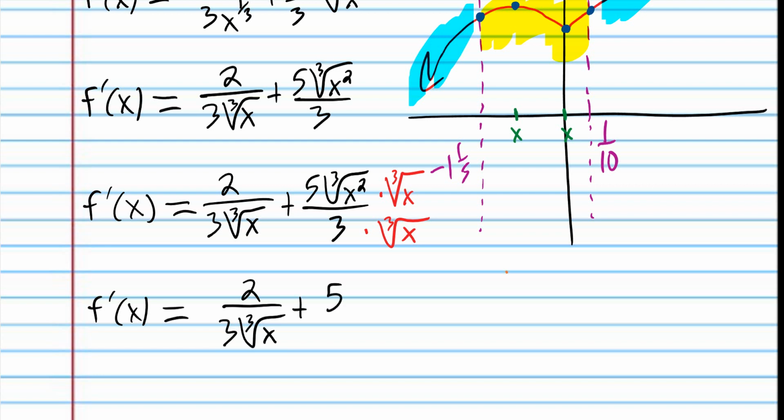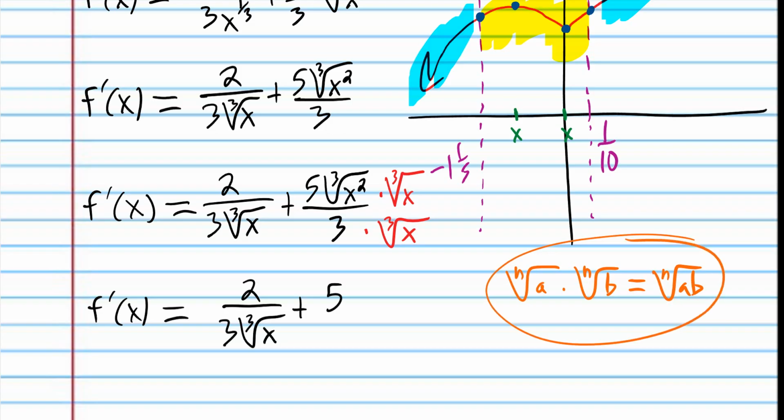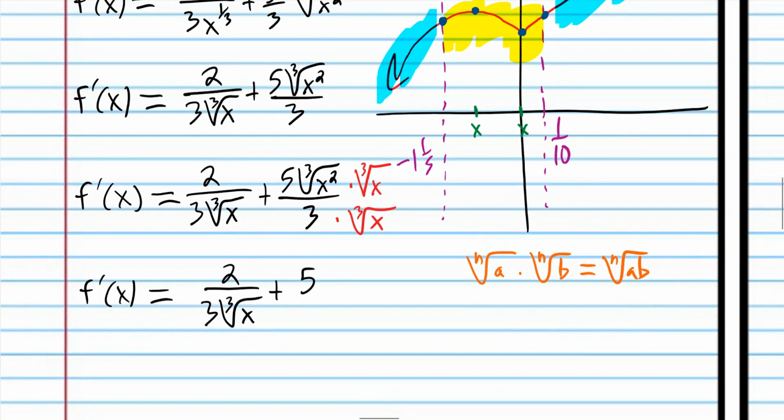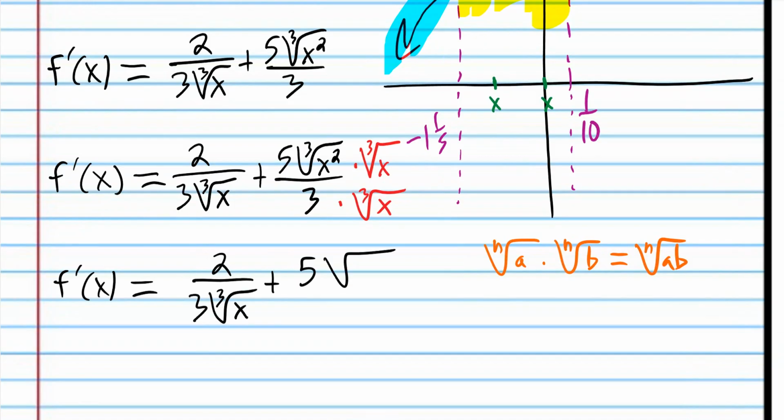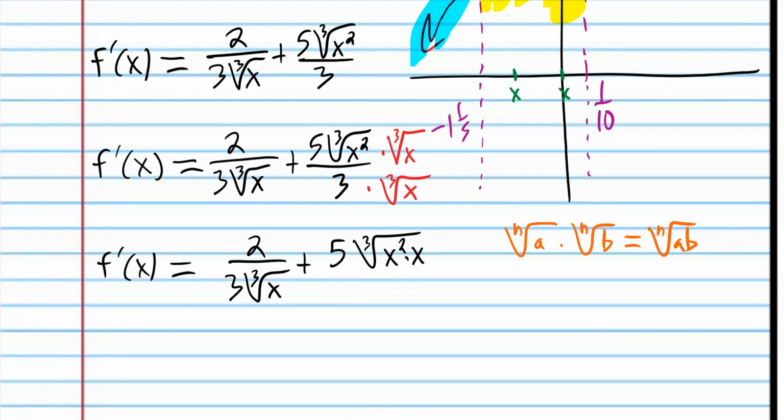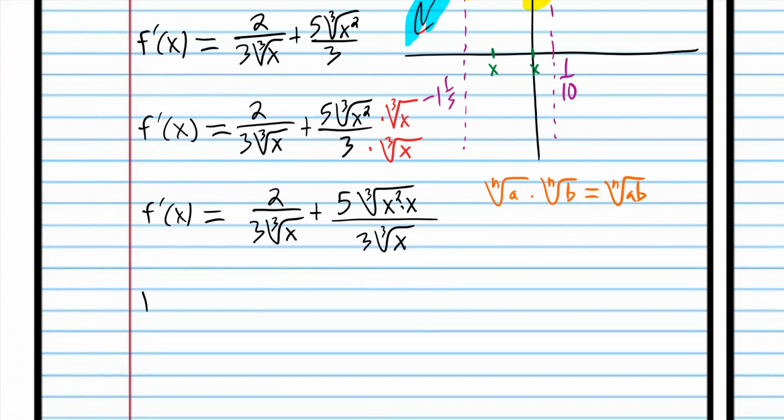So we're now going to use this rule, the nth root of a times the nth root of b is equal to the nth root of a times b. Now, you may be a little rusty on that, but if you've never seen it before, that suggests that there's a problem. So we're going to put these two together, so it's x squared times x. And then we get 5 times the cube root of x cubed.